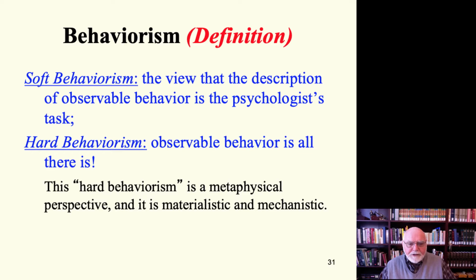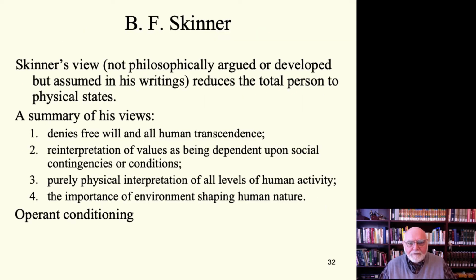But coming out of this distinction is the work of B.F. Skinner. And Skinner doesn't develop his views philosophically, or is affected by them; he reduces the total person to a physical state. He denies free will and all human transcendence.